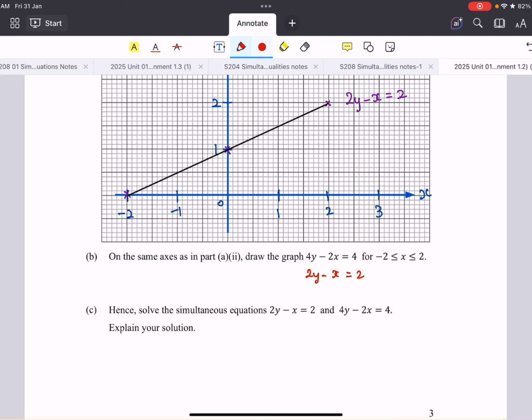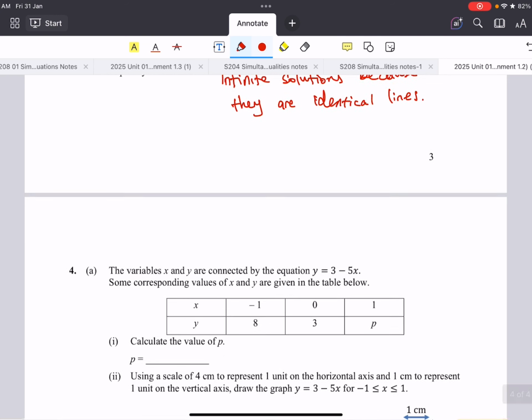So down here, you can say that there are infinite solutions because they are identical lines. Okay, now move on to the next one.